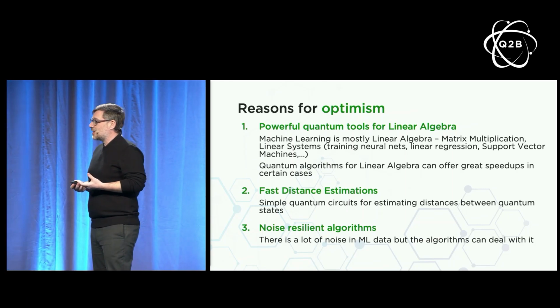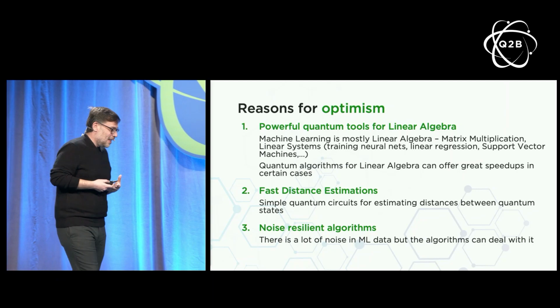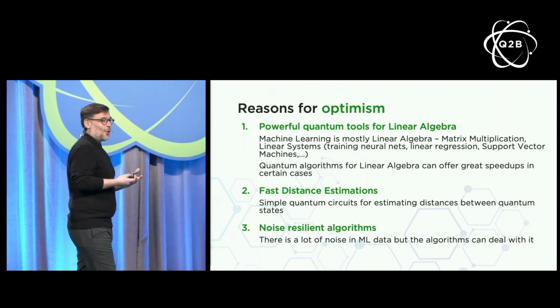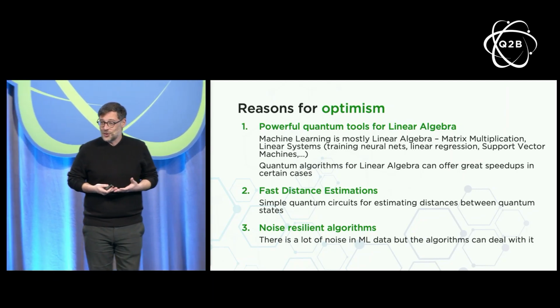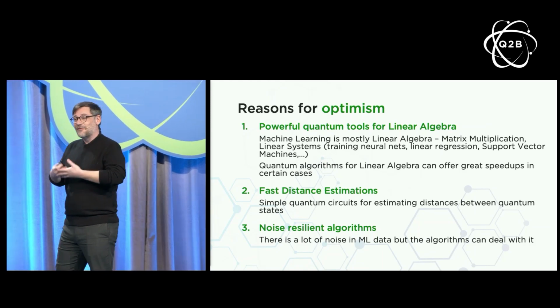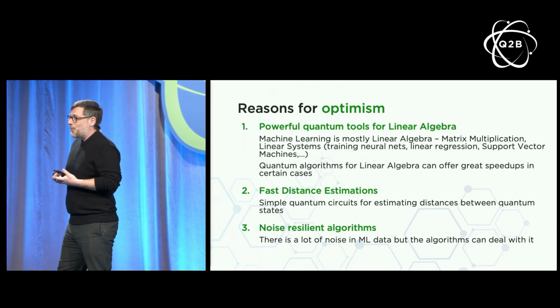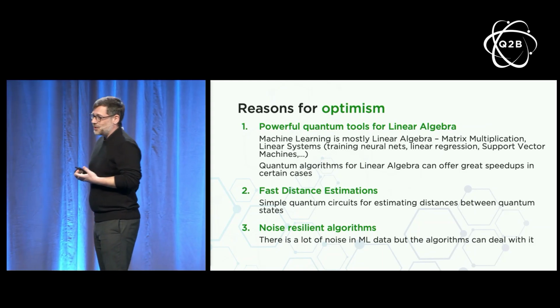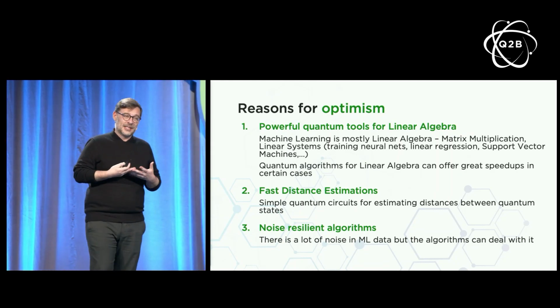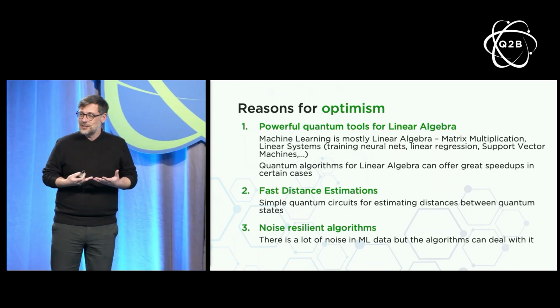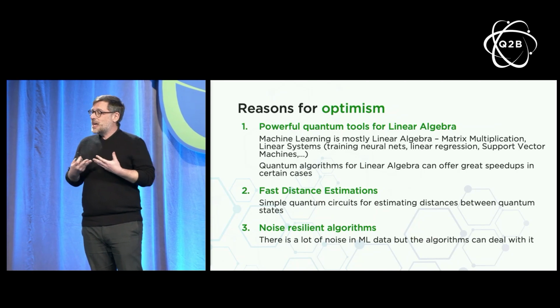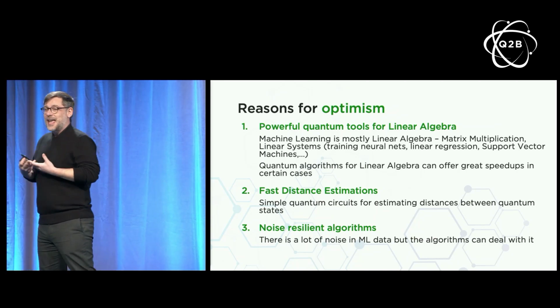So why is this interesting from a quantum computing point of view? Because quantum computers will also add noise to our computation. They're not going to be exact. We are going to have noisy machines, okay? But we are using noisy machines for an area and for a type of problem where there is already noise in the data, and we have to find ways to deal with noise anyway.